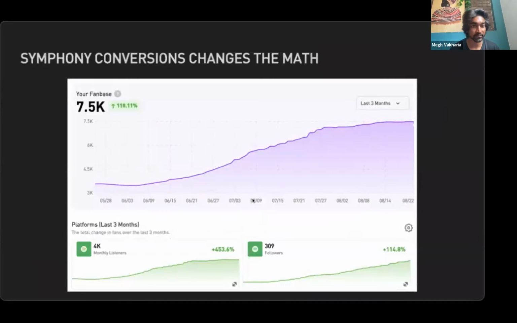It's not going to be the same for every artist. A lot of it comes down to the content, but spending $500 and seeing all your fans go up and getting real DMs from fans is what Symphony is built for. Building a fan base, not building passive fans. And that is what Symphony Conversions allows us to do with this new feature that came out.